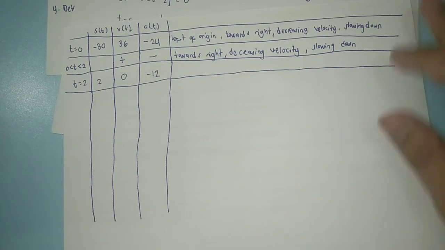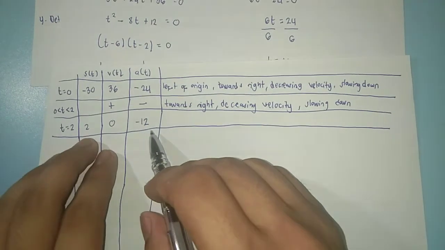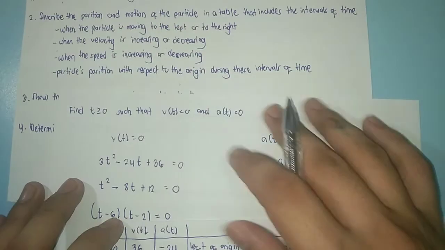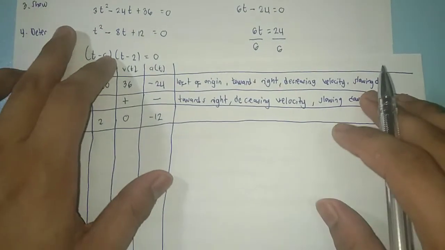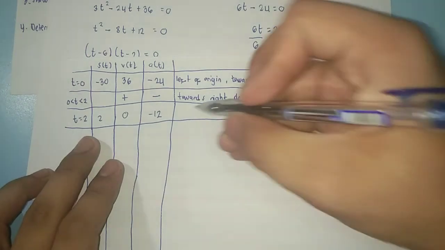Now, we can determine the particle's position with respect to the origin. It is on the right side of the origin.